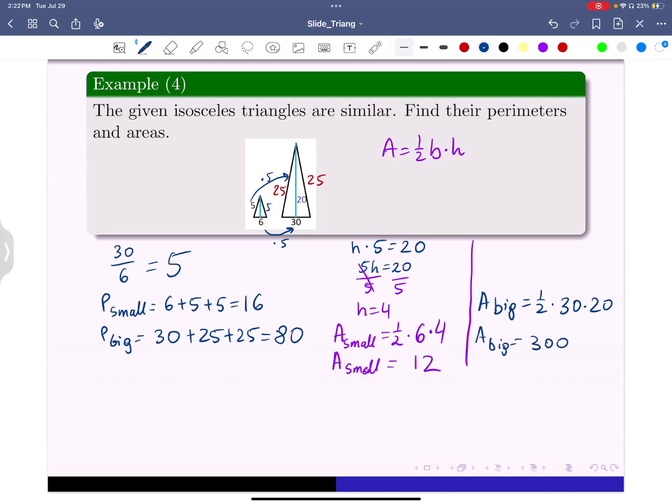And if you notice, going from 12 to 300, this is multiplied times 25. 12 times 25. So this is my 5 squared. This is my scale squared. Where on perimeter, we just multiply times 5 to change from big to small. So this is my scale k.